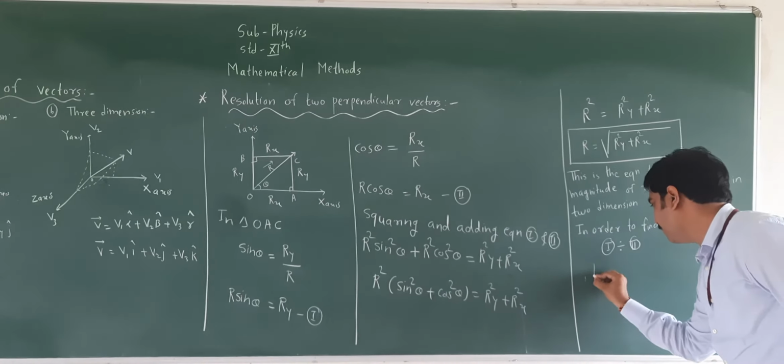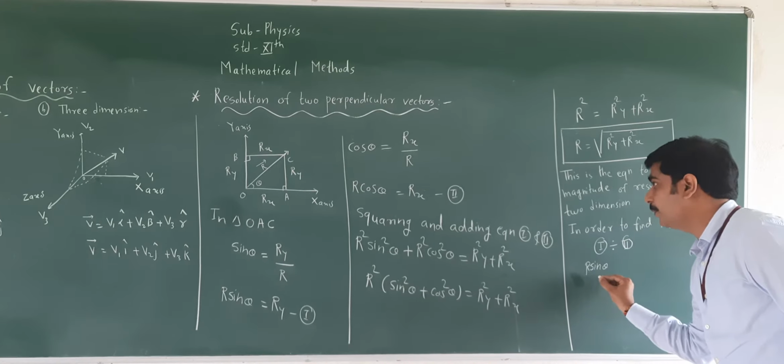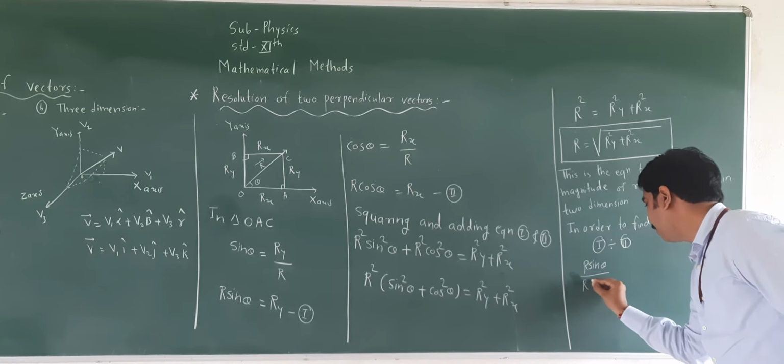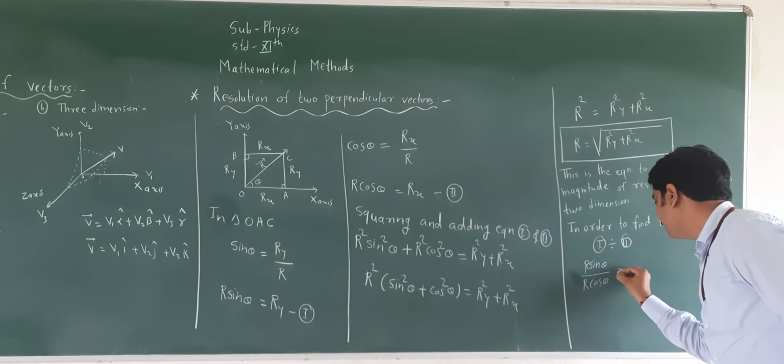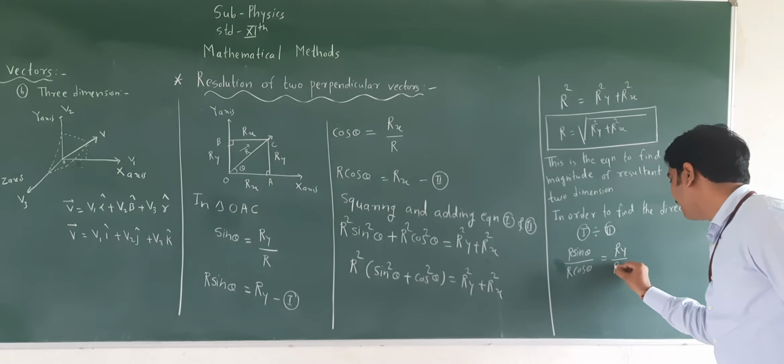What is equation number 1? R sin theta. What is equation number 2? R cos theta. That is equal to Ry upon Rx.